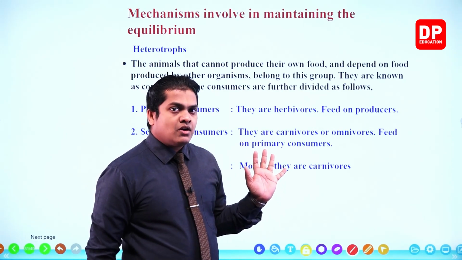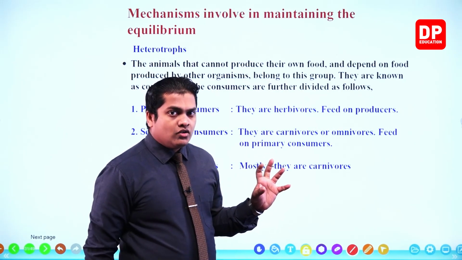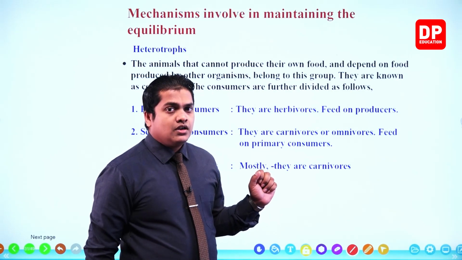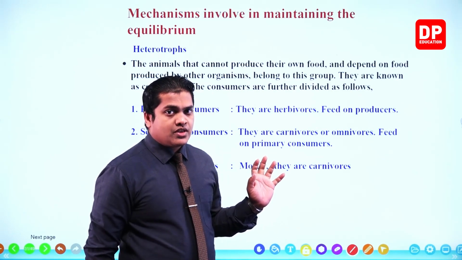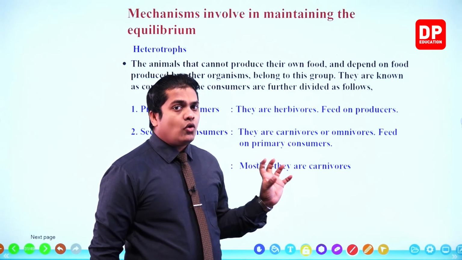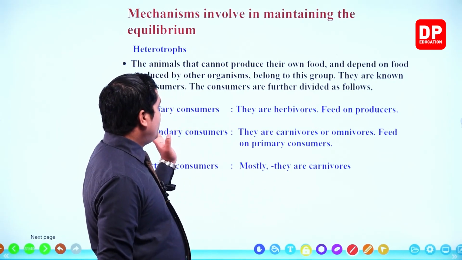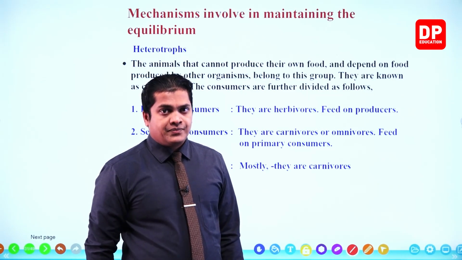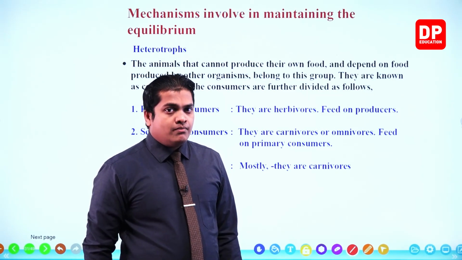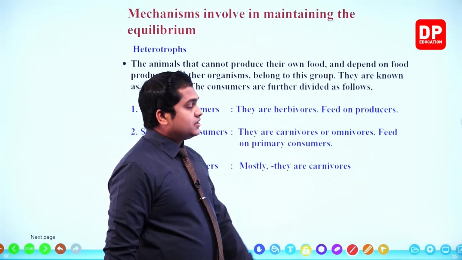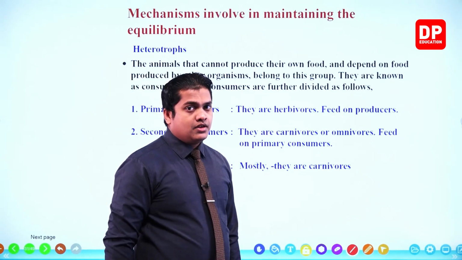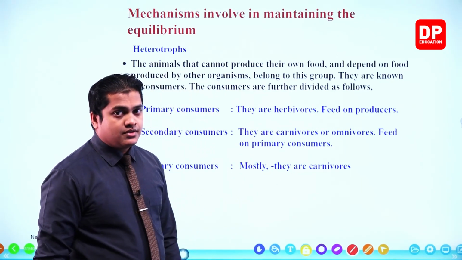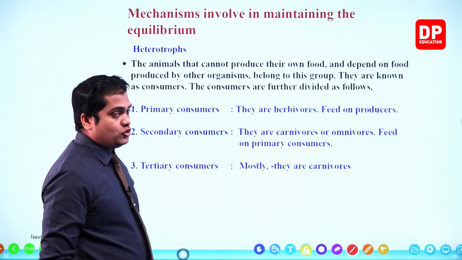Over there we discussed the goat. Goats eat mostly green plants. Therefore those kinds of organisms belong to the first group, the primary consumers of heterotrophic organisms. Most probably this is a herbivore animal and they feed on producers. The first type, primary consumers.